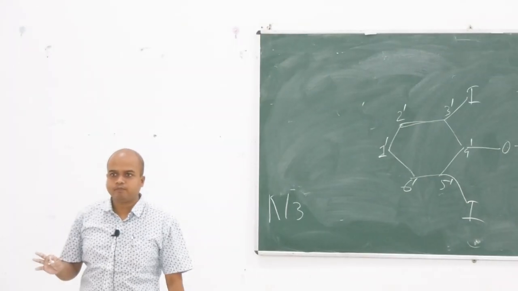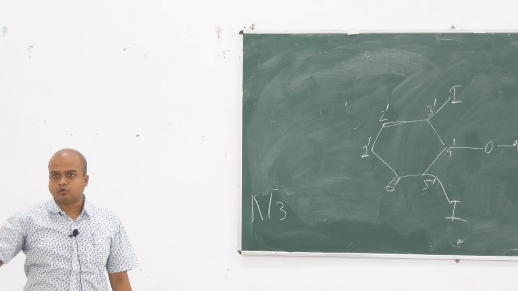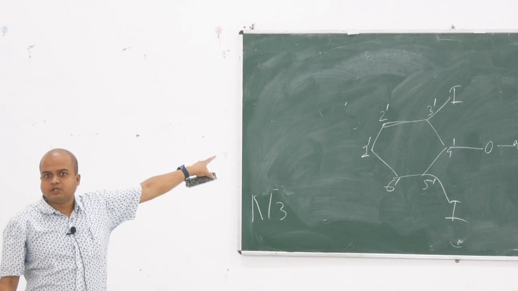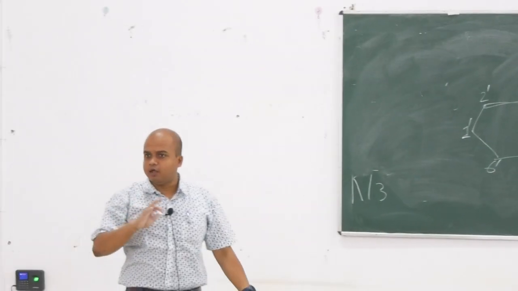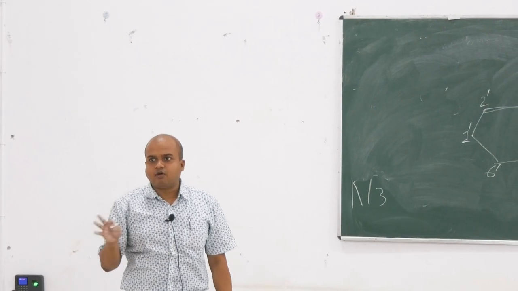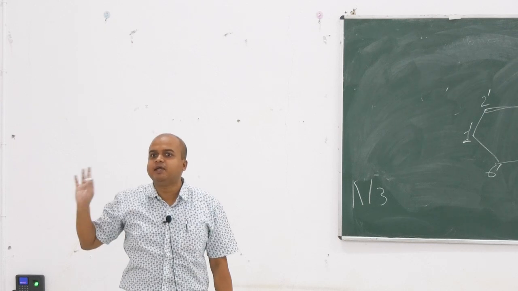Now you have understood. There will be various other things there with the double bonds in the aromatic ring. I am not drawing anything extra which is not required to understand the structure, just to concentrate on where the iodines are being attached.